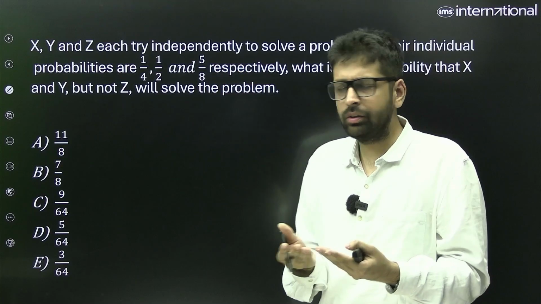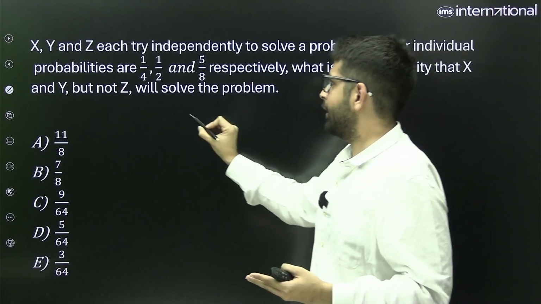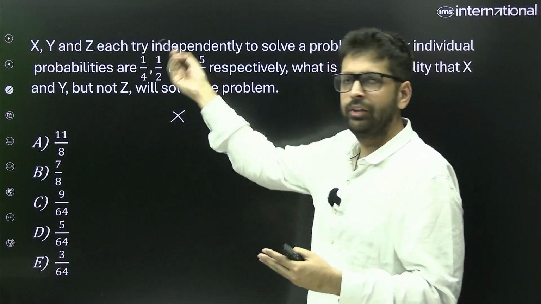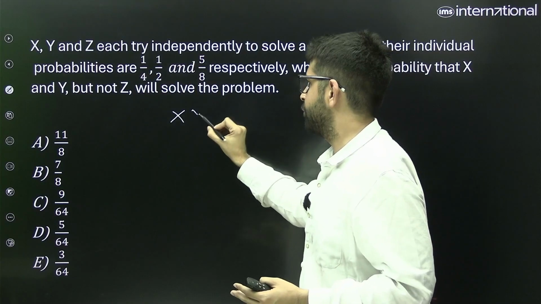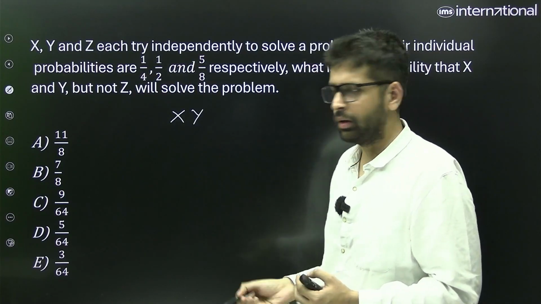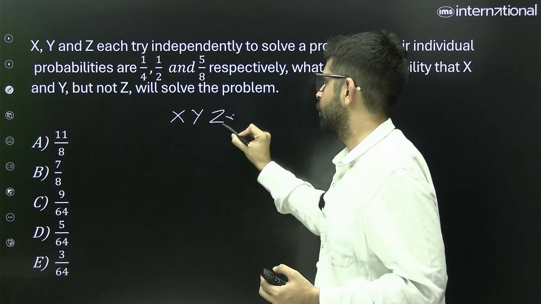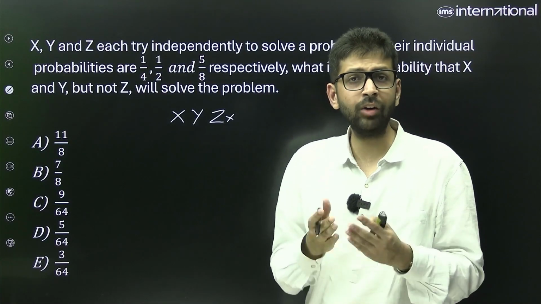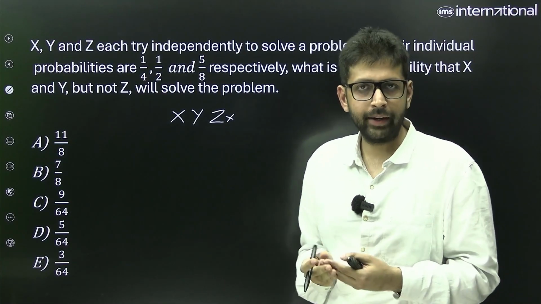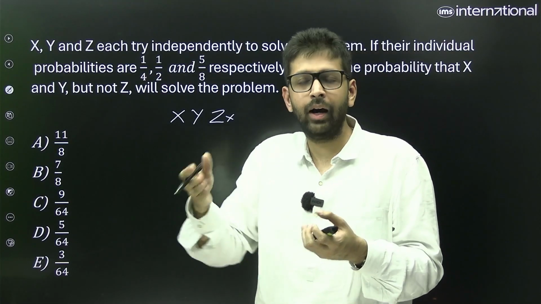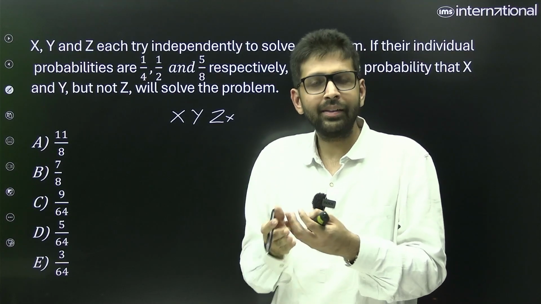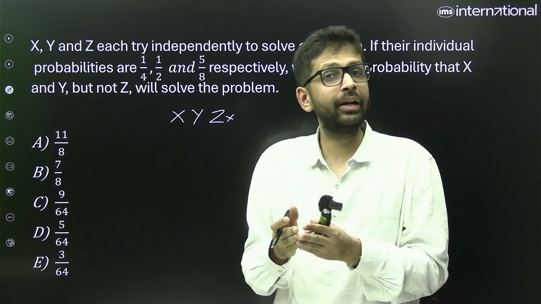I need to find out that X is able to solve this particular question, Y is able to solve this particular question, but Z is not able to solve this question. What's the probability of that happening, right? So there are these 3 events that need to happen simultaneously.